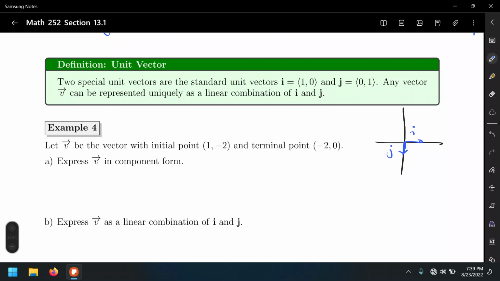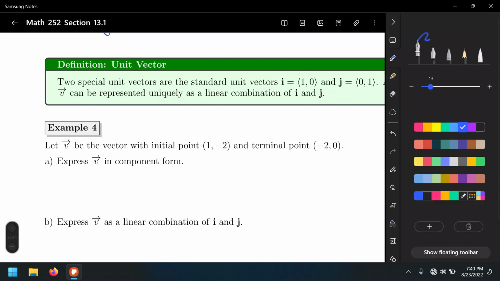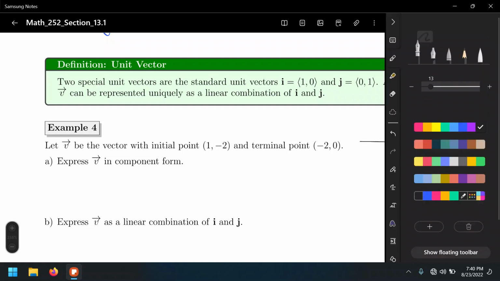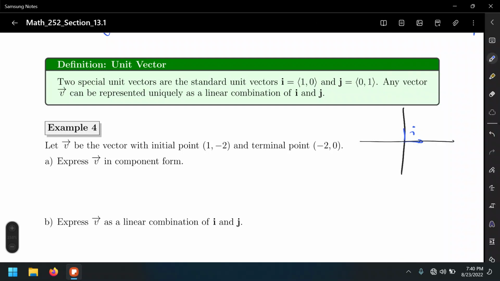Or rather, I was supposed to do this in the other direction. Actually positive. i and j. And then we're going to look at i, j, k in 3 dimensions in the next section.